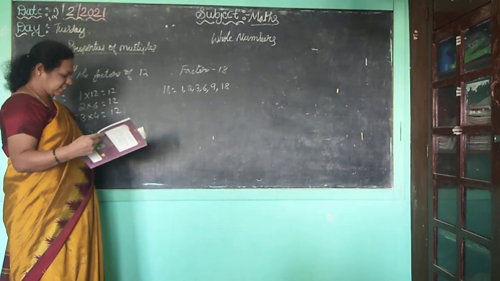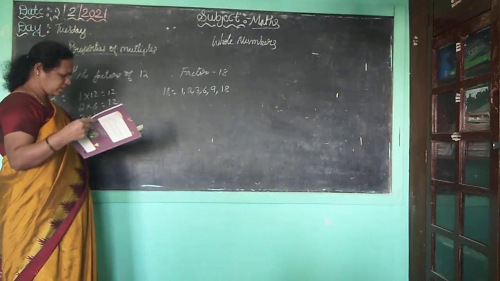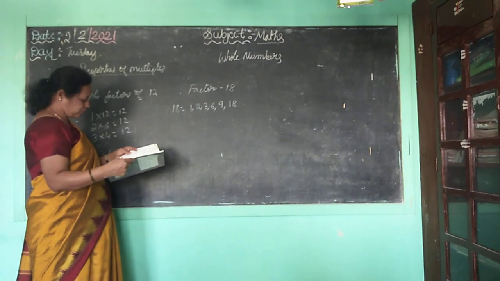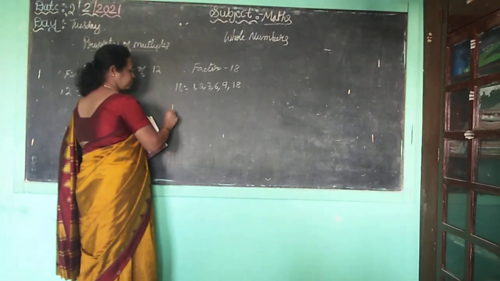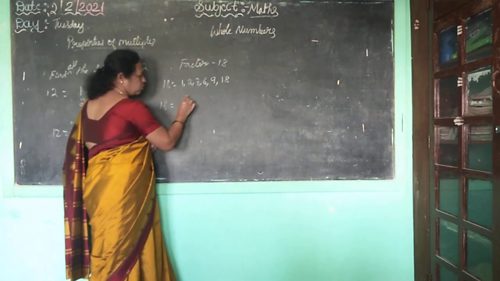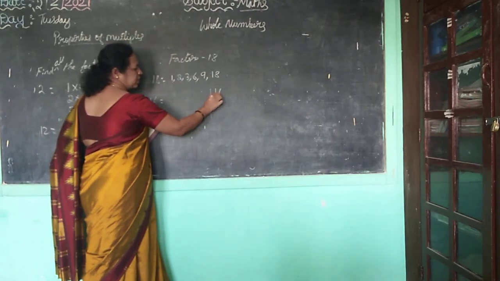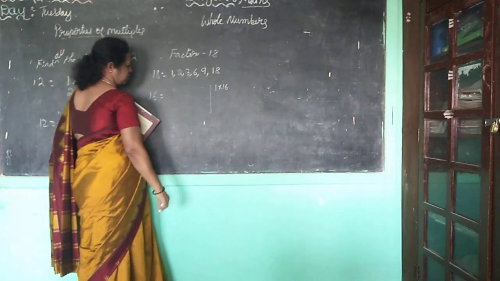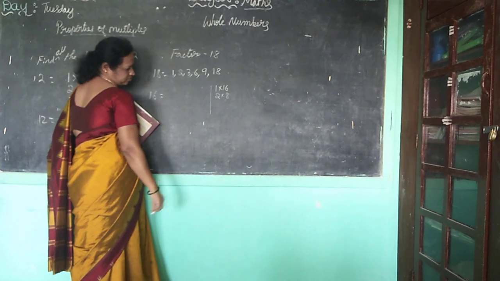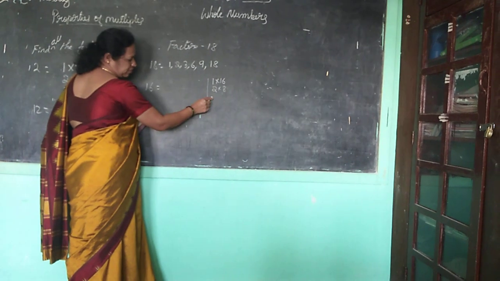So in activity 3, children, find all the factors of the given numbers. So you can find all the factors of 16. What table? See, in the working column I do. 1 sixteen is 16. 2 eights are 16. From 3 it will go?